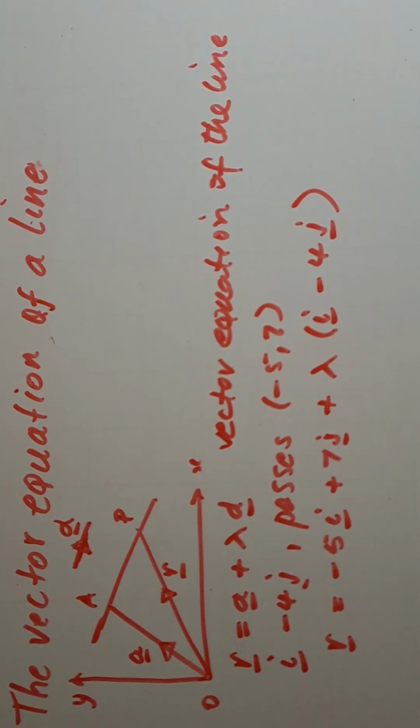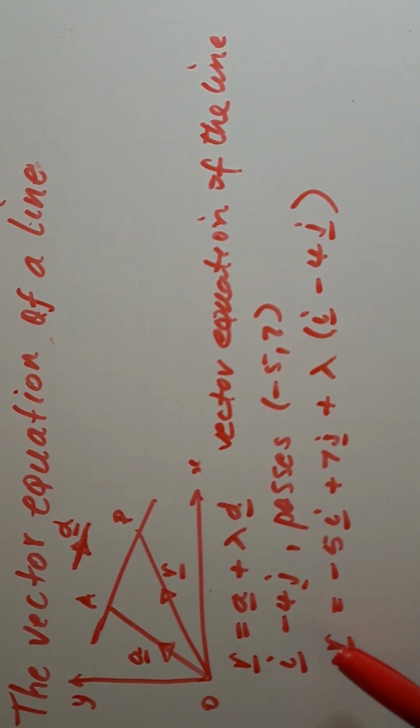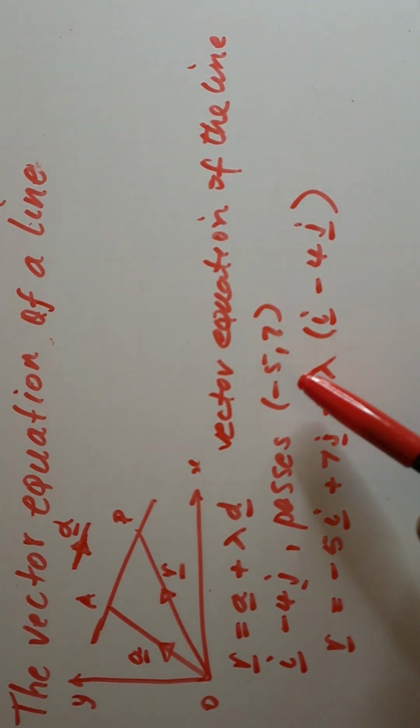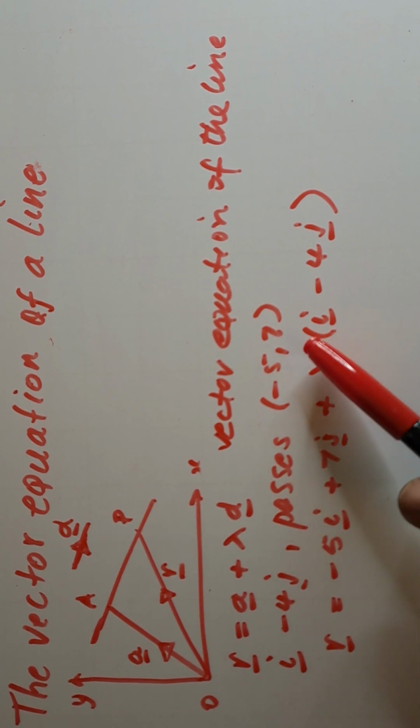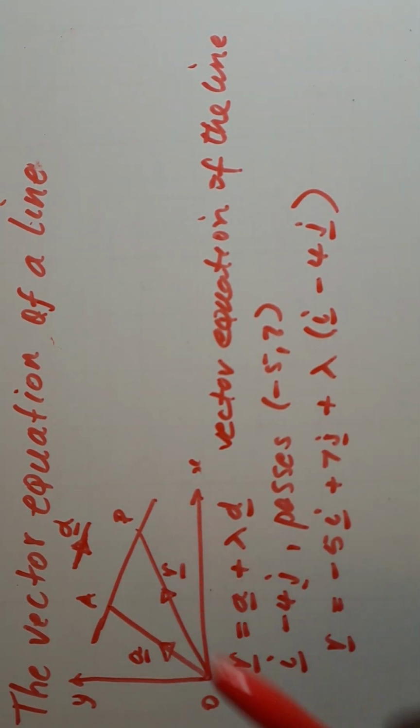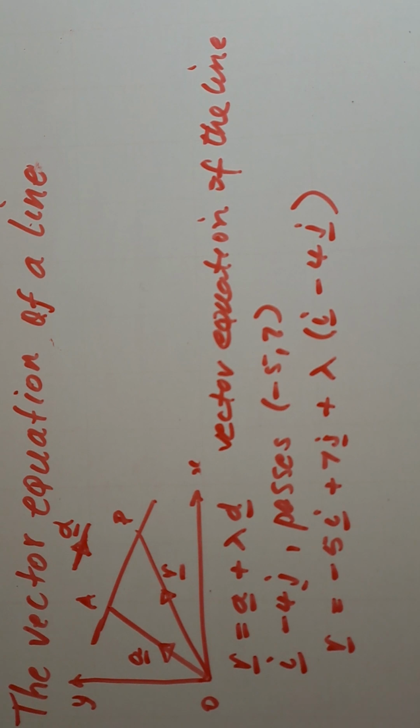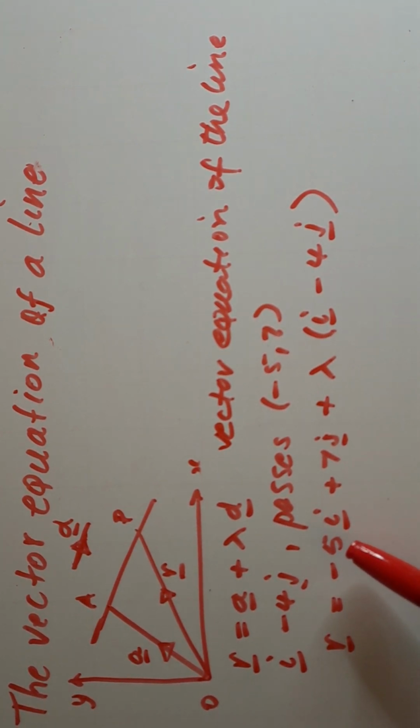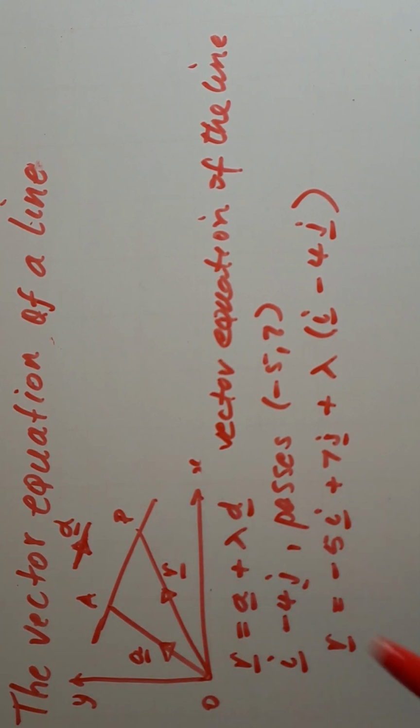So this is for the vector i minus 4j and passing through the point minus 5, 7, so it's some point in the xy plane. This is the vector equation. So different values of lambda, whether they be negative or positive, will give you different points on the line specified.